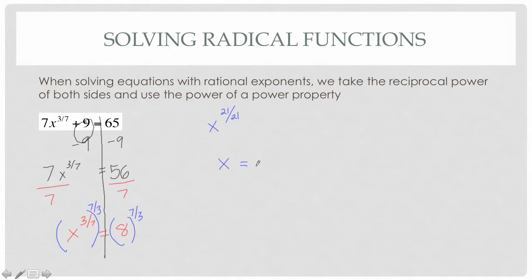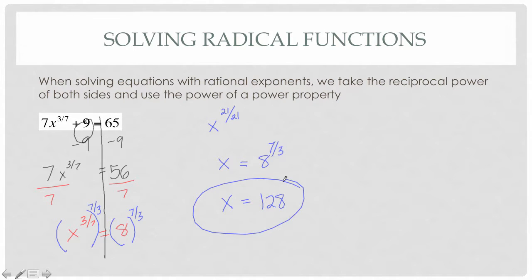So x is going to equal whatever 8 to the 7/3 power is. Now this is a little ugly, but again, we have a calculator that can help us. So let's do the cube root of 8, which is 2, and then 2 to the 7th power is 128. So x is equal to 128.